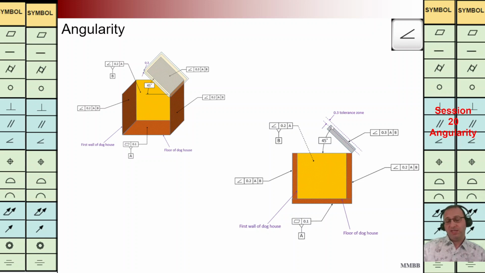And this wavy surface should be in that interval. Please keep in mind we are going to use a basic dimension to control the orientation of that surface by using the angularity symbol.